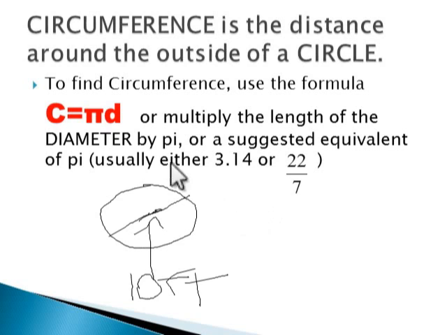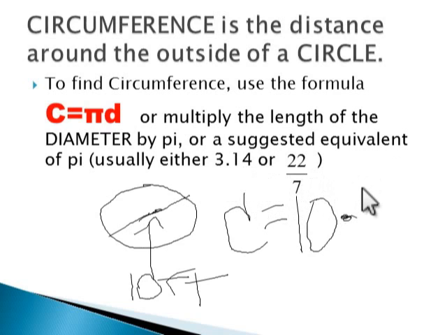I'm going to use that diameter in this formula right here and say the circumference is going to equal 10, the length of the diameter, and I'm going to multiply it by whatever version of pi, whatever equivalent of pi I'm given in the directions. So this time I'm going to use 3.14.